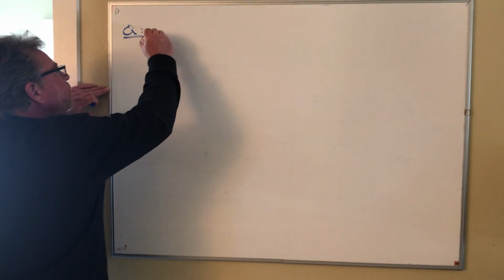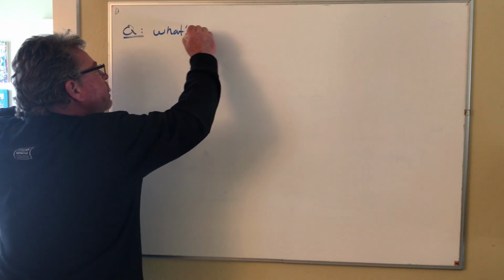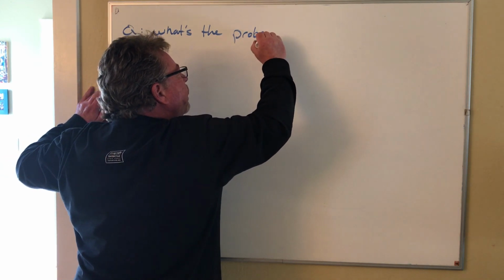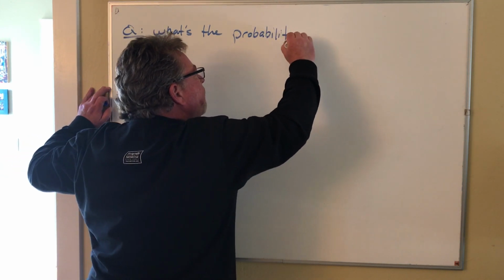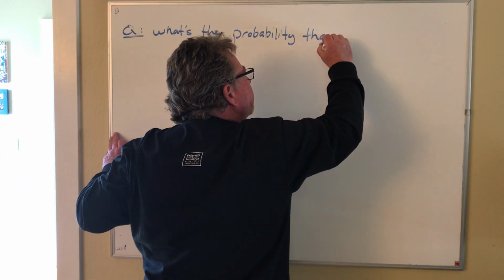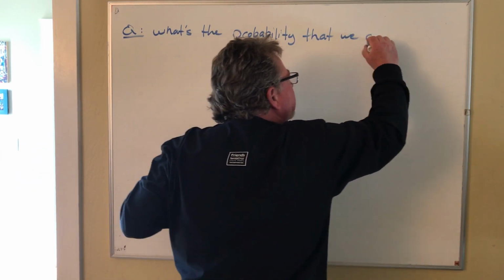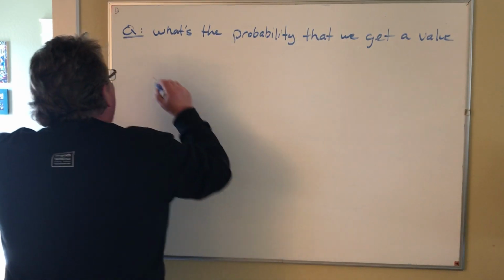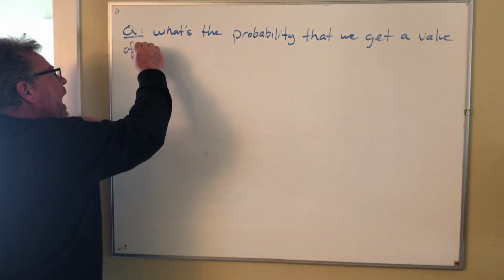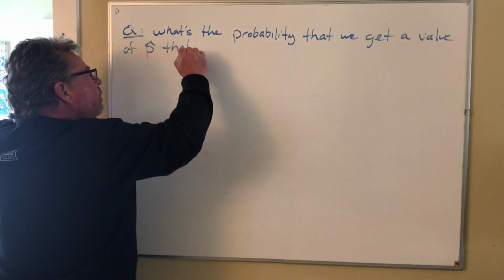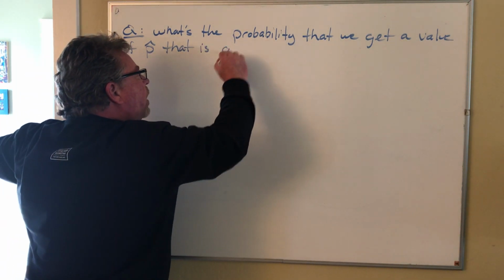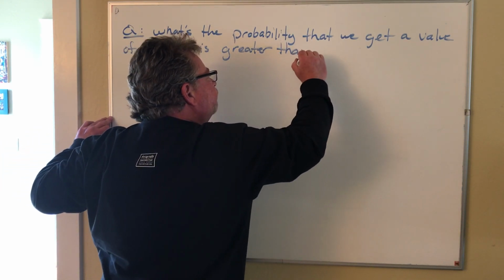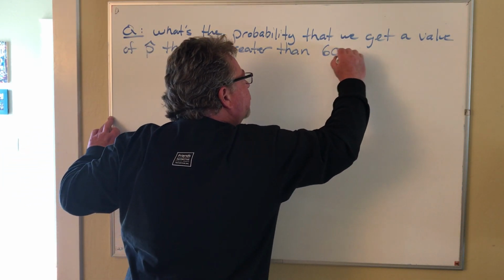So here's a question. What's the probability that we get a value of p hat that is greater than 60%?